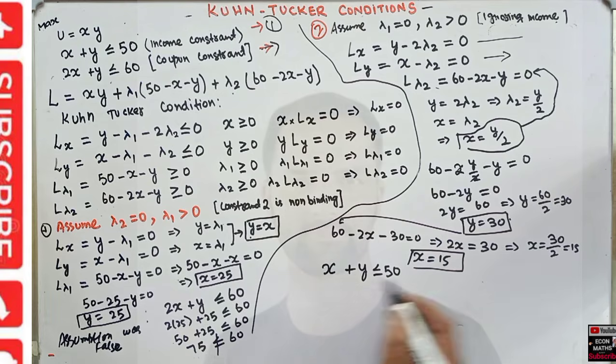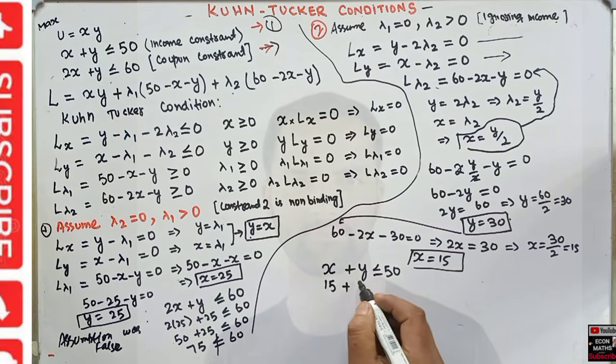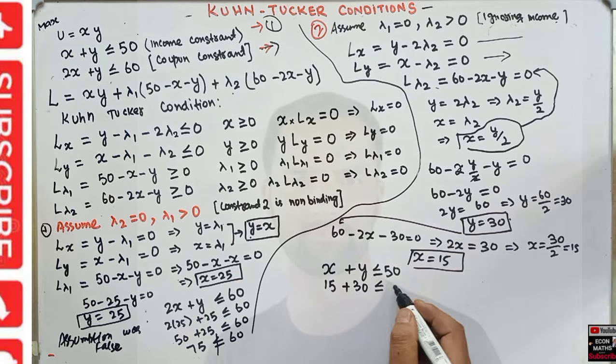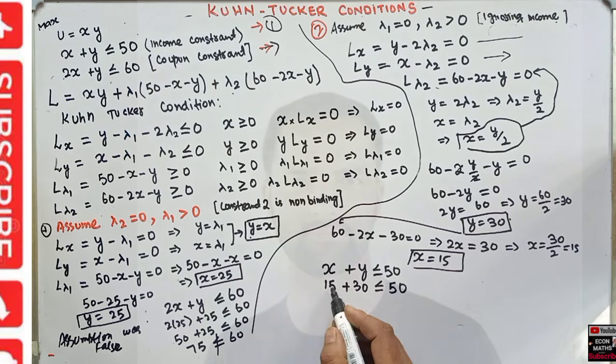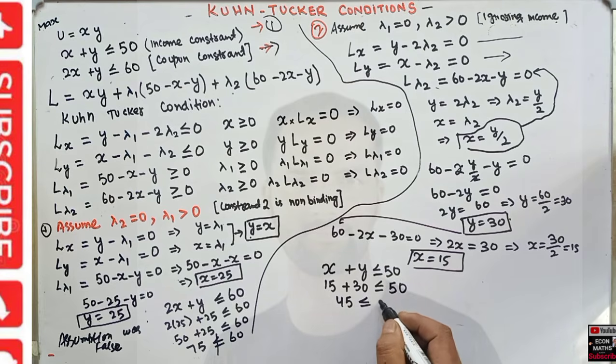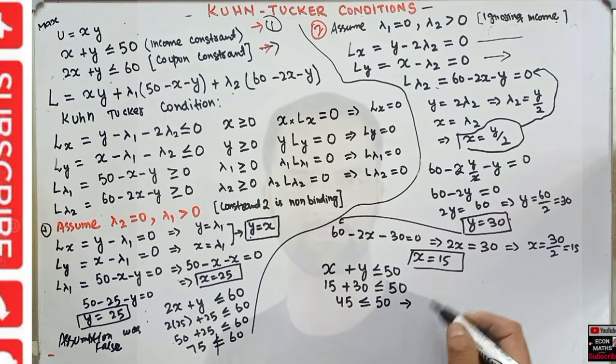Now what is the value of x? It is 15. What is the value of y? That is 30. 30 plus 15 is 45, which is actually less than 50. That means our assumption was correct. True.